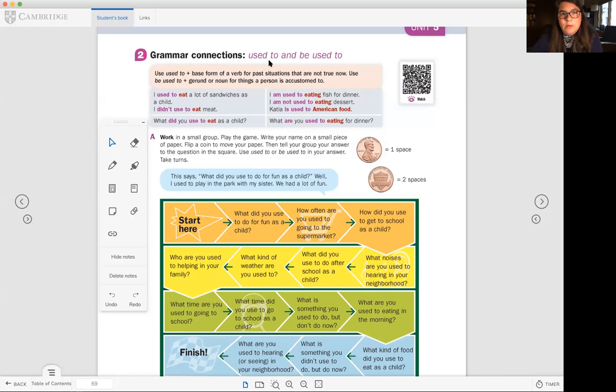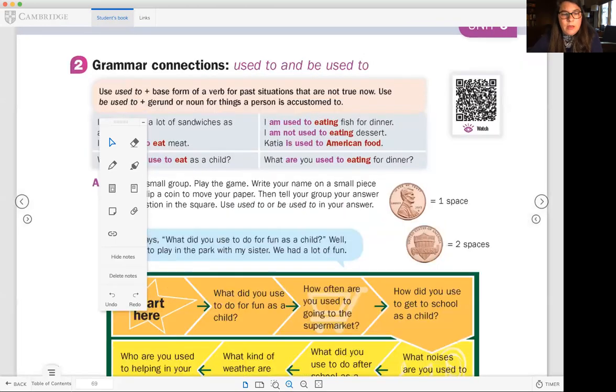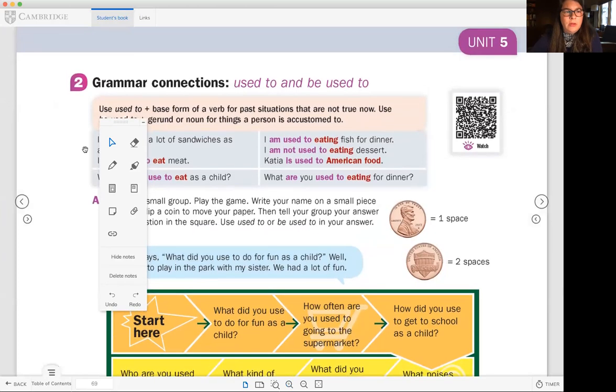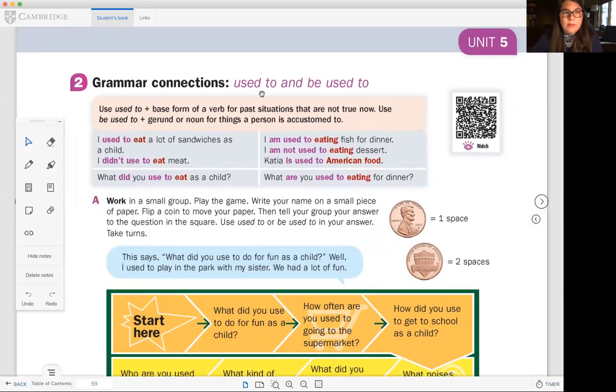This is used to and be used to. If you studied with me in high intermediate, I believe, we practiced used to. When I was a child, I used to play outside after school. I used to drink coffee every day, but now I don't. Or I used to exercise every day, but now I don't. So used to is a grammar point that we studied together before.